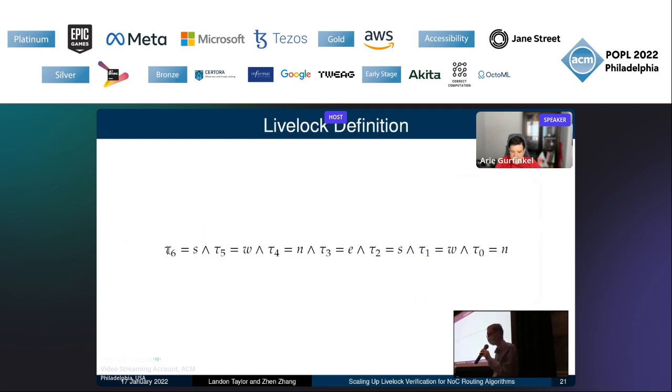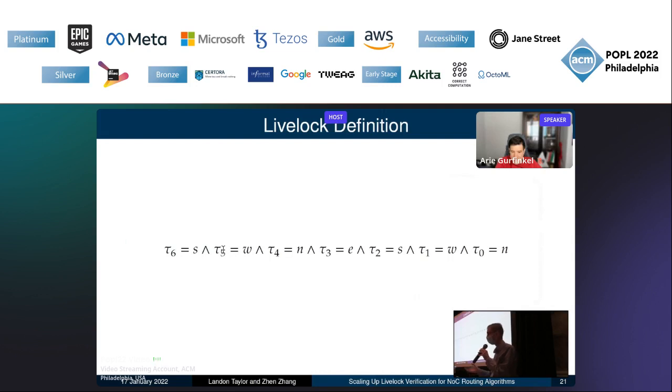And this can be read as tau indicating the traveling direction and its subscript indicating how many moves ago that happened. So this is saying 6 moves ago it was traveling south, 5 moves ago it was traveling west, and then it traveled north, east, south. And this represents a clockwise loop, essentially. And using several of these predicates together, we can guarantee none of this looping behavior occurs in the network.